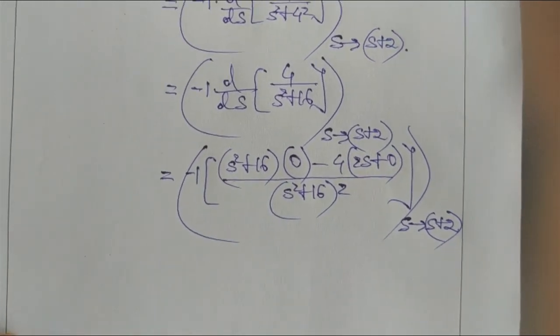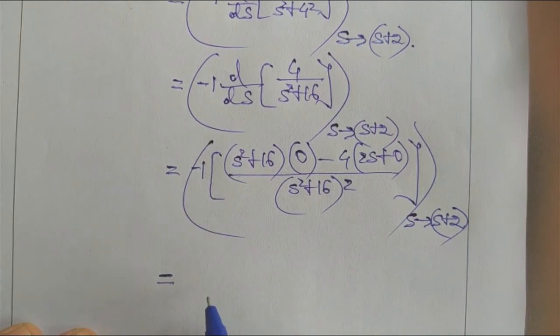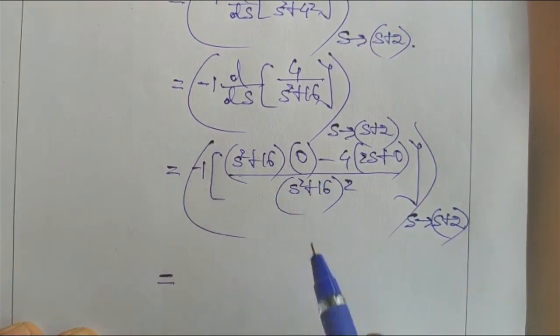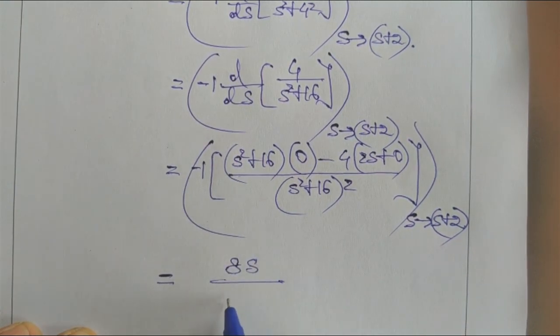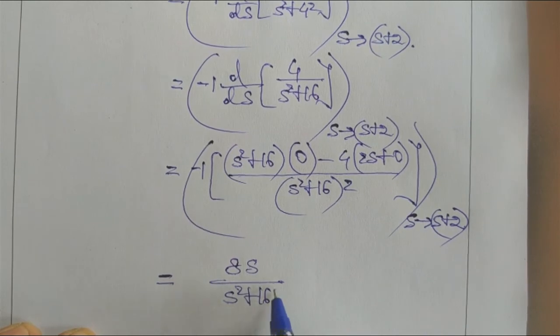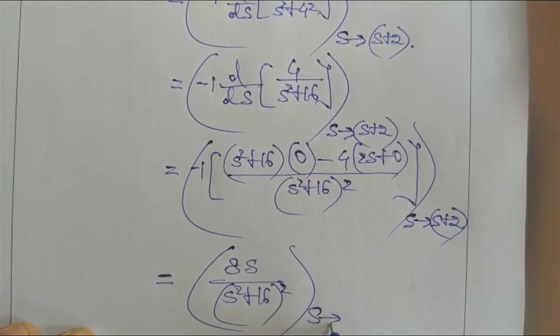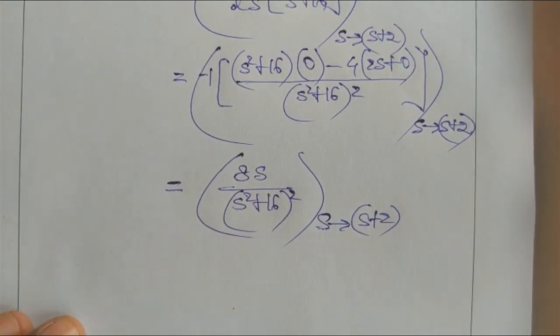Now we simplify: this is 0 minus minus, plus 8s divided by s square plus 16 whole square, where s tends to s plus 2.